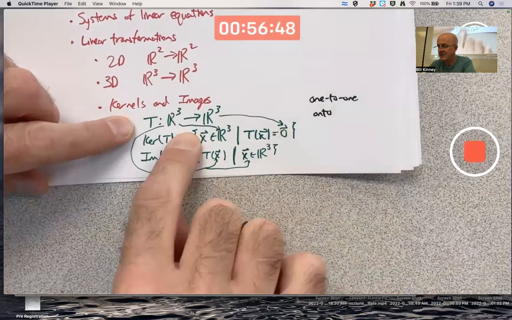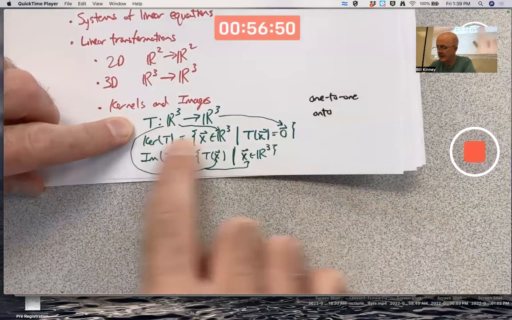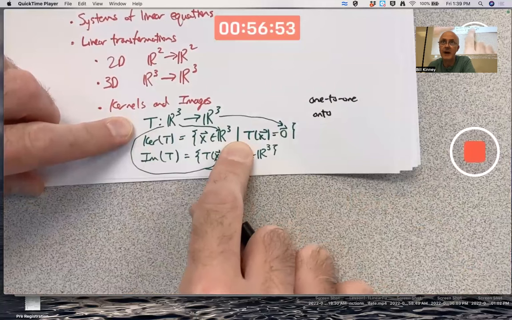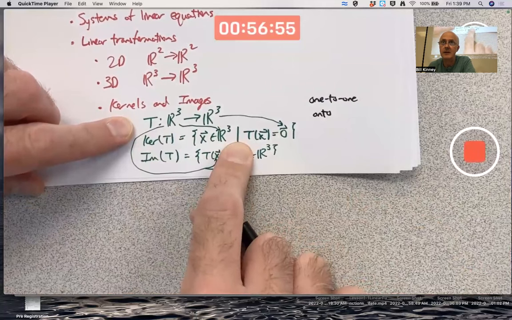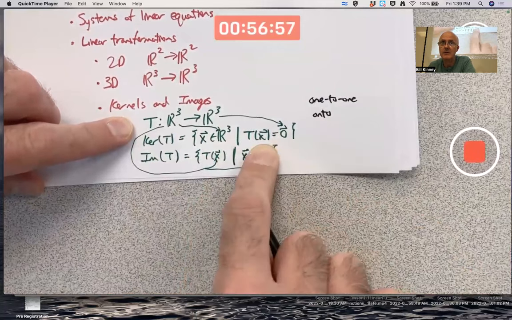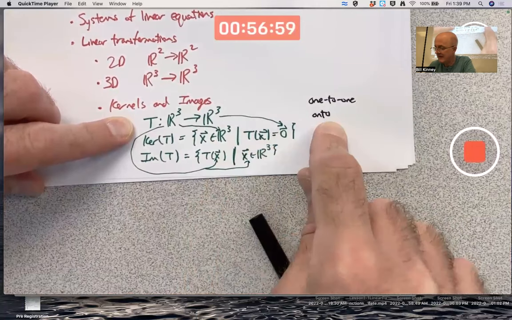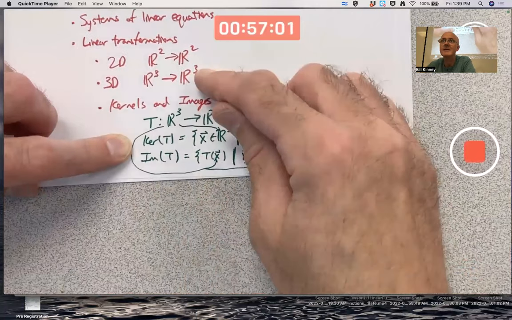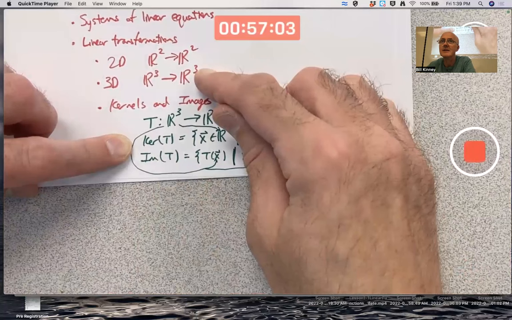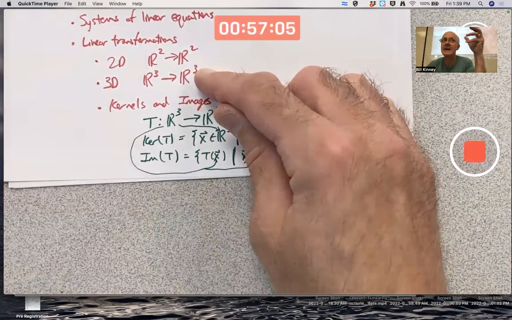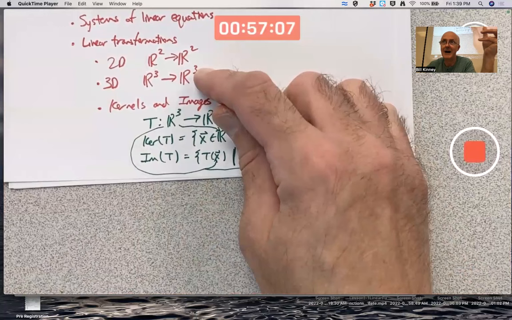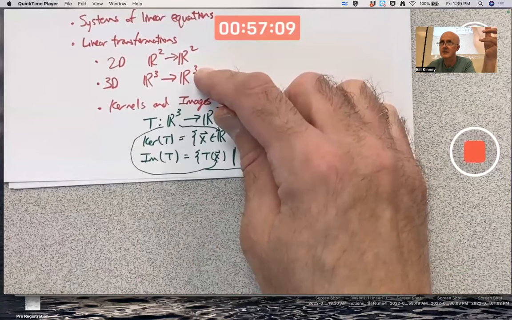Linear transformations are going to be one-to-one if and only if their kernels are trivial, just the zero vector. The only thing that gets mapped to zero is zero. Onto means the image is the entire codomain. Every element of the codomain is a possible output of the function.